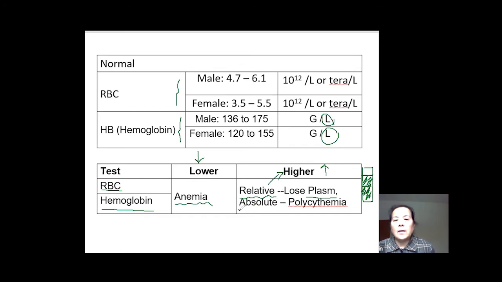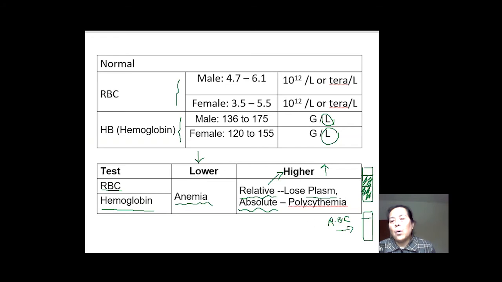Another situation where the number is higher is basically sickness or illness. Their bone marrow produces more red blood cells and then releases them to circulation. That is a sick condition.